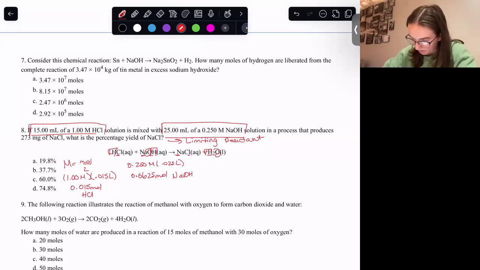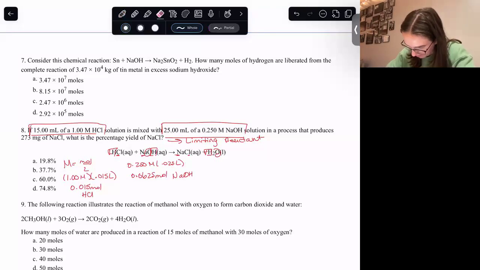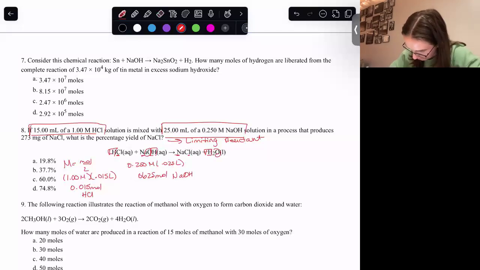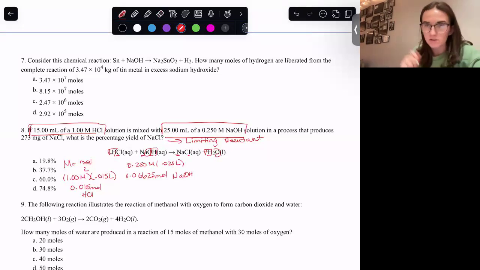Sorry, I did bad math. And sodium hydroxide is the limiting reactant because we have 0.00625 instead of 0.015. So this is our limiting reactant.